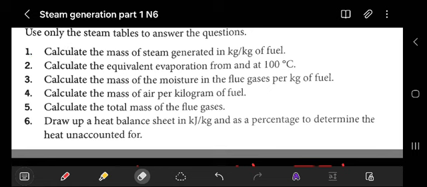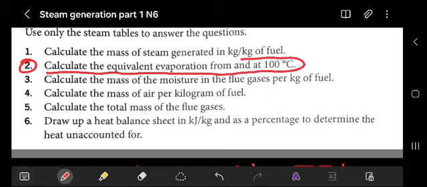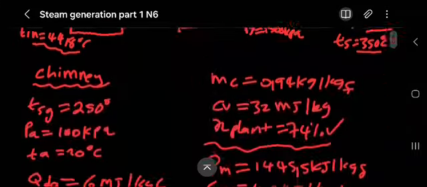Number 2 says calculate the equivalent evaporation from and at 100 degrees Celsius. We have discussed this equivalent evaporation.